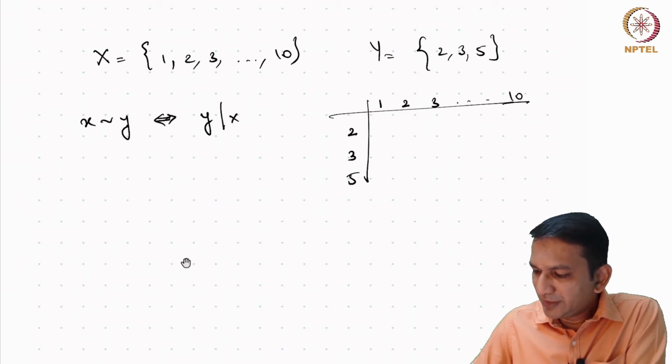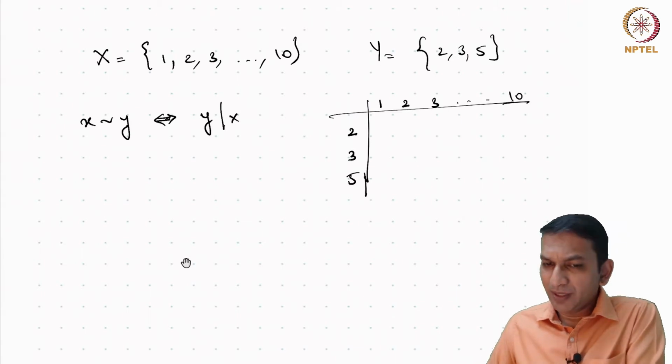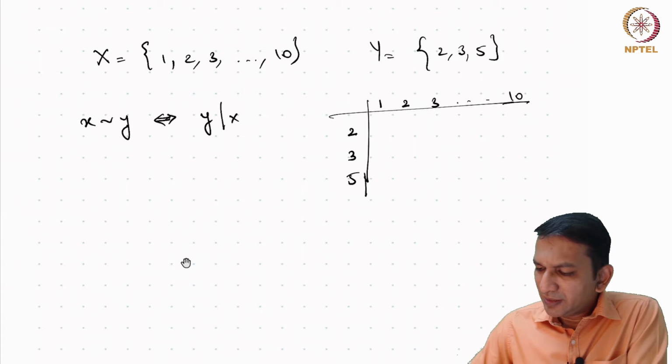So, you could indicate this by a matrix, in fact a binary matrix. Let's for convenience start only with the set from 2 to 10. So 2 divides 2, that means we put 1. 2 does not divide 3, so 0. It divides 4, so we put a 1. 3 does not divide 2, so put 0. 3 divides 3, put a 1.